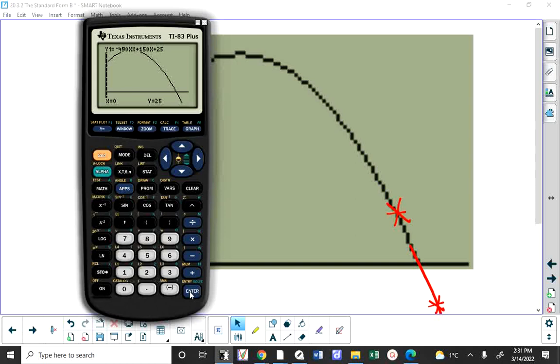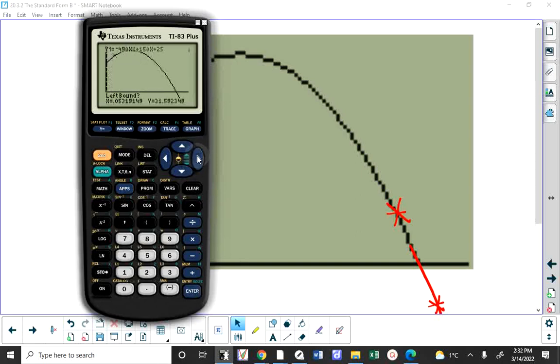If I want to find the time the frog is in the air, which is part B, the time in the air, then I'm going to go to my calculate menu and choose 0.